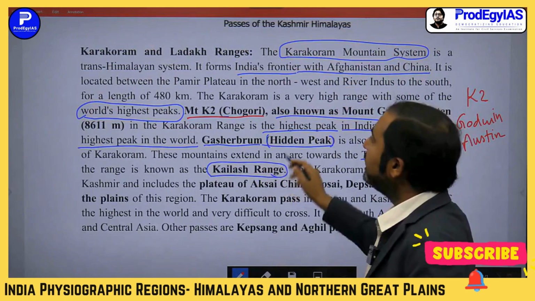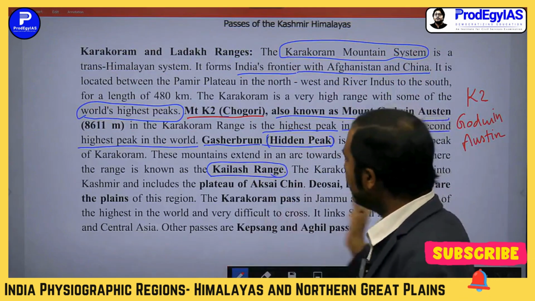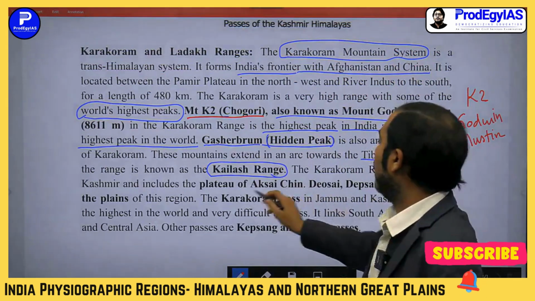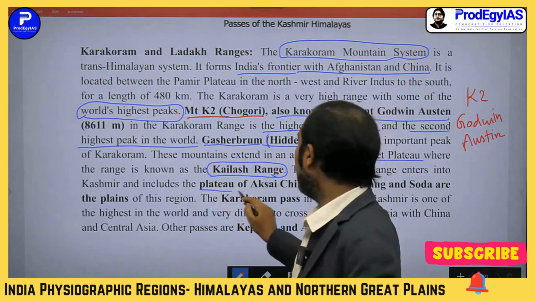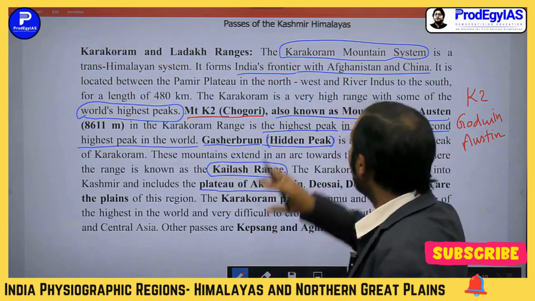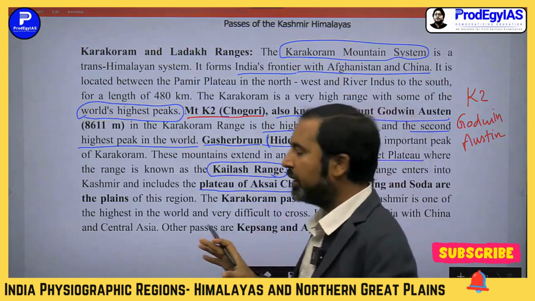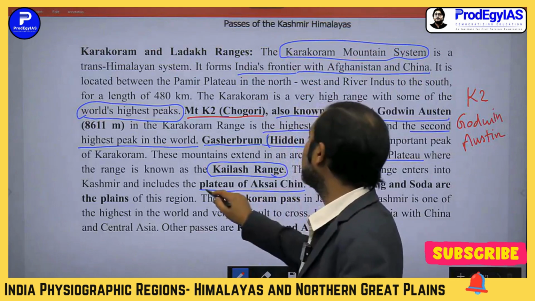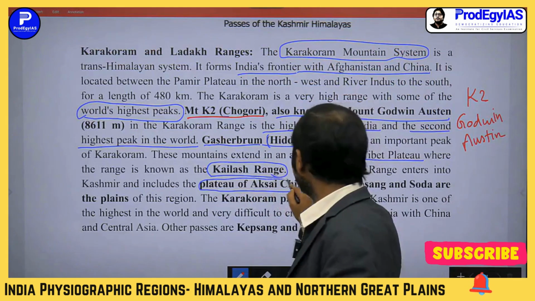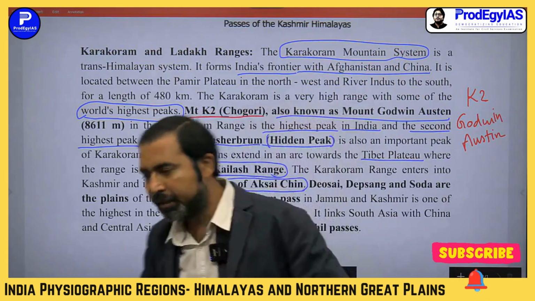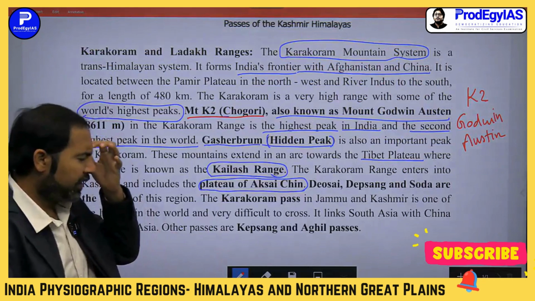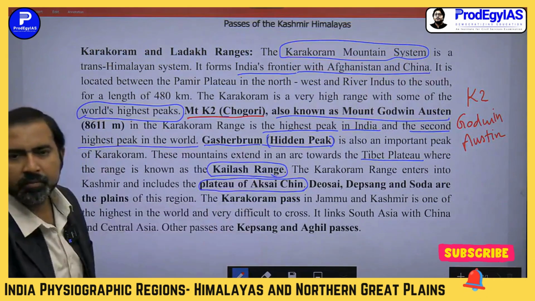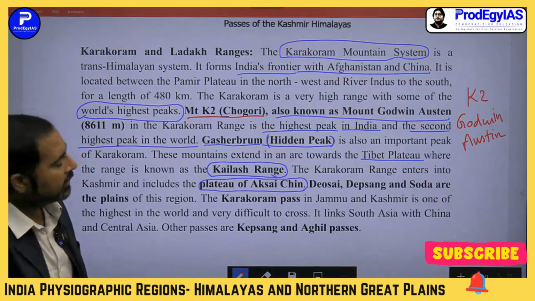So Kailash range is an extension of Karakoram range in Tibet, and Karakoram range enters into Kashmir and includes the plateau of Aksai Chin. Means this Karakoram mountain system also has a plateau that is known as Aksai Chin. You know that up to now it is under the occupation of China. It is beyond that line of actual control, LAC.